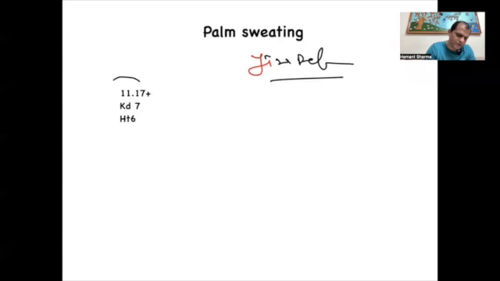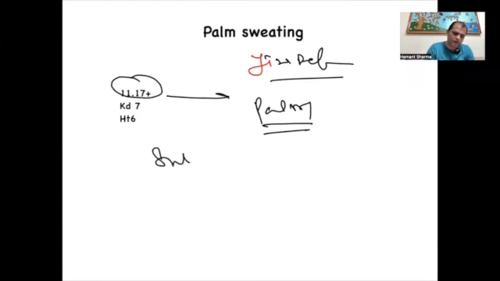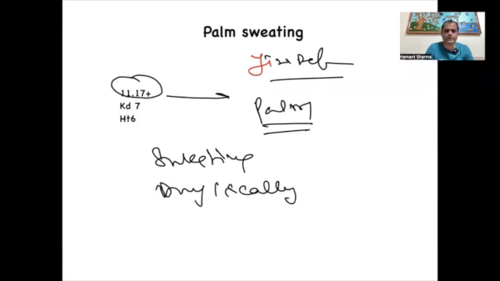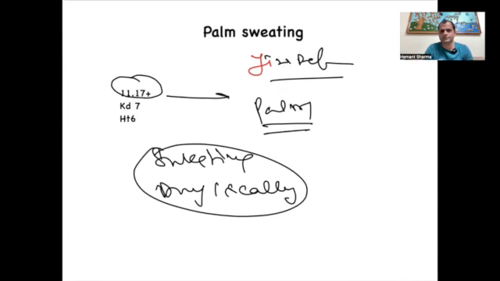So we can use 11.17. 11.17 is a very good point for the palm, whether the palms are sweating or the palms are dry and scaly. In both conditions, we can bring very good energy to the palm by 11.17.